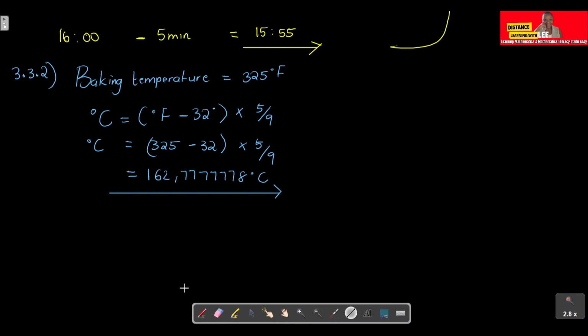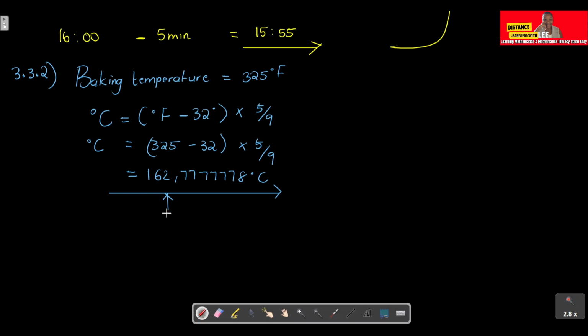But if we have to round it off to the nearest 10 degrees, we're going to focus our attention on this 2, the digit in the place value of our ones, because that is going to tell us whether we need to round up or round down. You want it to be to the nearest 10 degrees, so you don't want to have any numbers in between. It's either 170 or 160.